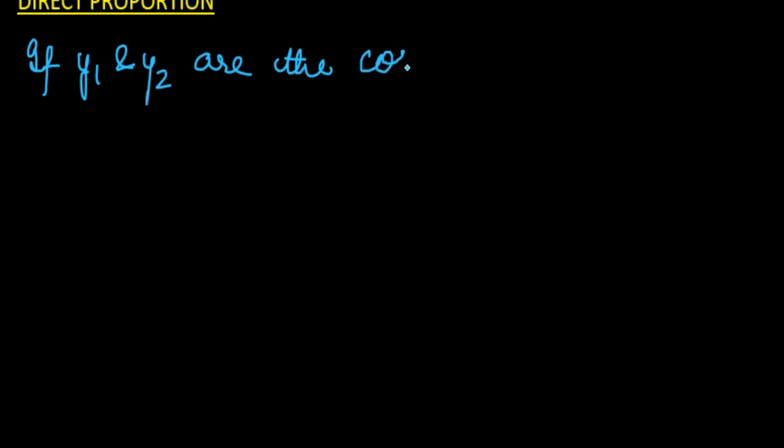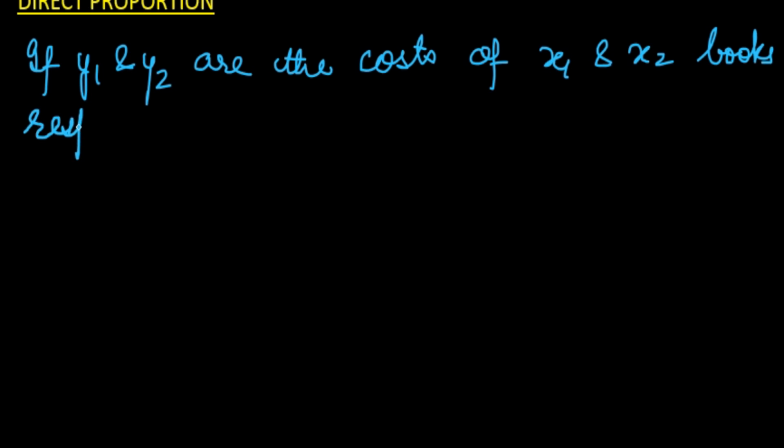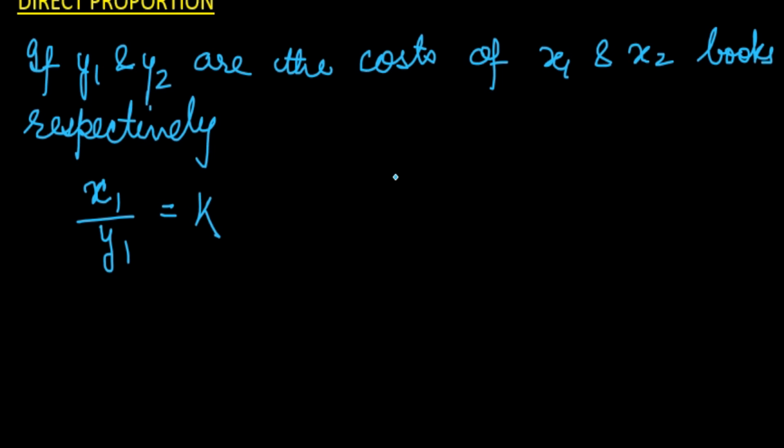So what do we see here? We see that if Y1 and Y2 are the costs of X1 and X2 books respectively, then the ratio of the number of books to its corresponding cost is a constant K, and the ratio of number of books to its corresponding cost is again a constant.